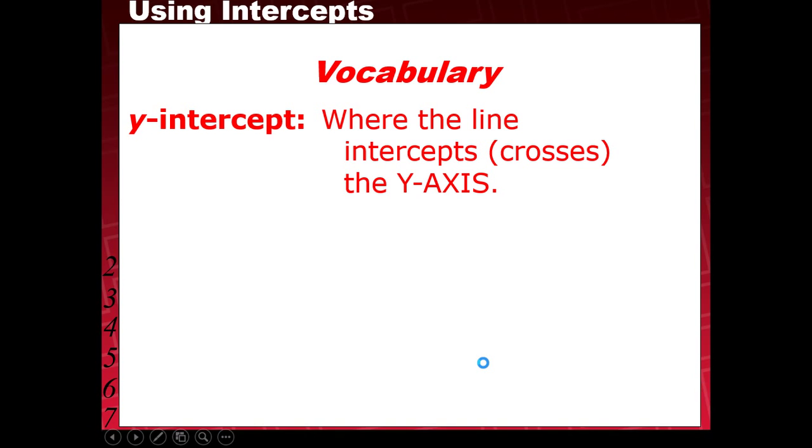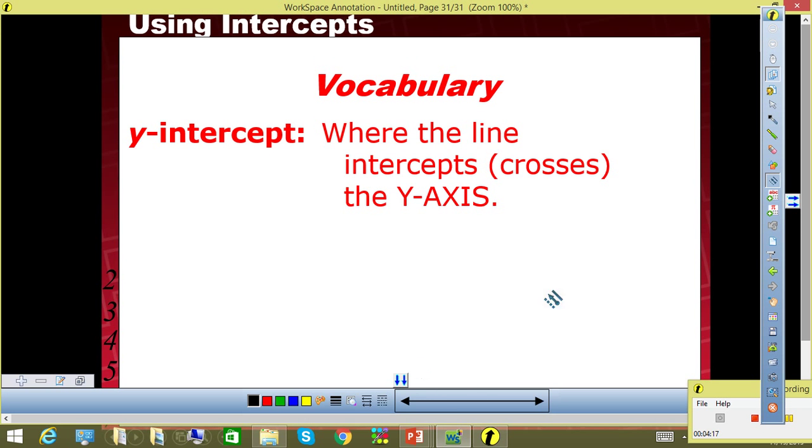In case you forgot, when we have a coordinate plane, the coordinate plane has 2 lines, the x-axis and the y-axis. And here goes the y-axis. The y-axis is a vertical line. So whenever we graph a line and it crosses this axis, that's what we call the y-intercept. Okay?